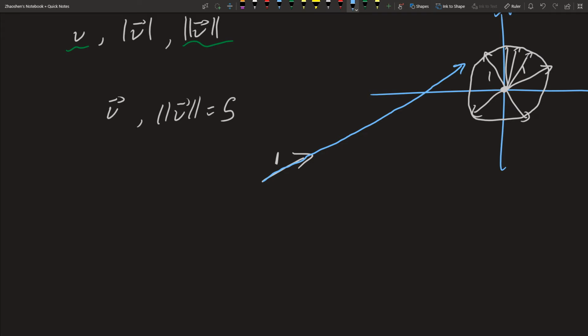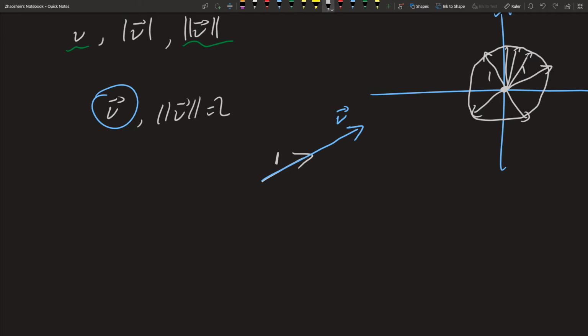That will be our new vector. Let me just actually change this to 2, it's way too long. So twice as long, like this. That will be our new vector, because we said that it needs to point in this direction, which it obviously does, and its magnitude should be 2, which it is because it is twice as long as the unit vector.